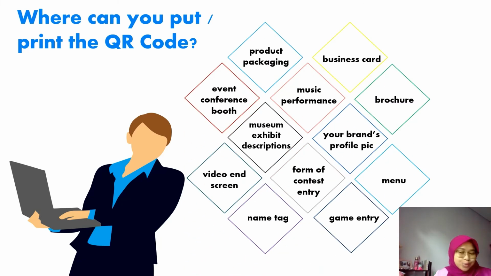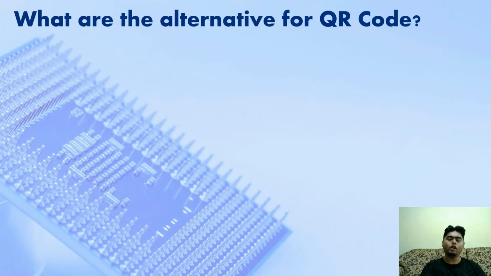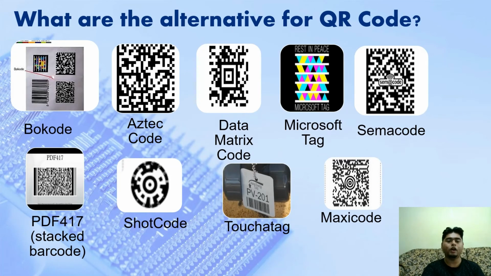We can put or print the QR code on product packaging, business cards, music performances, brochures, your brand's profile picture, menus, game entries, name tags, tables of contents, videos and scripts, and others. What are the alternatives for QR code? There are many alternatives such as barcode, Aztec code, Data Matrix code, Microsoft Tag, Semacode, PDF417 or stacked barcode, Short code, Touch Tag, and last but not least, Maxi code.